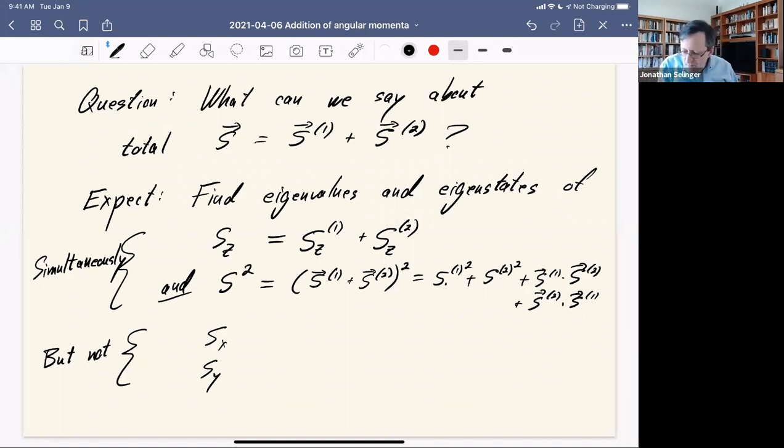Let's see if we can find the eigenvalues and eigenstates of these two operators. If we want to do this, we should let each of these operators act on the 4 states that we know about and see what they do to them.